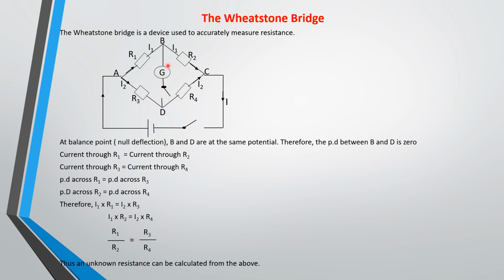Now if you look at this drawing properly, you will observe that the resistance R1 and R2, they are in series, and R3 and R4, they are in series, but R1 and R3, they are in parallel, and then R2 and R4, they are in parallel.